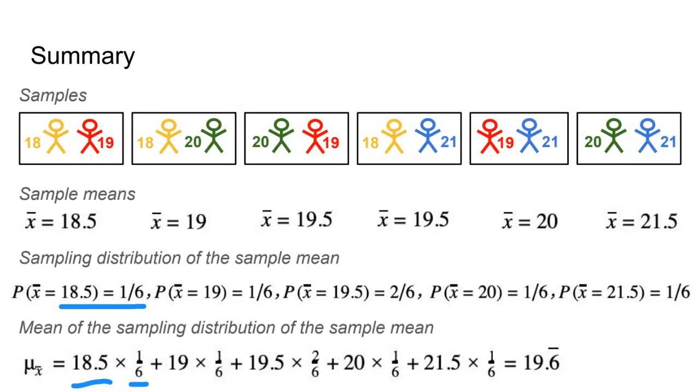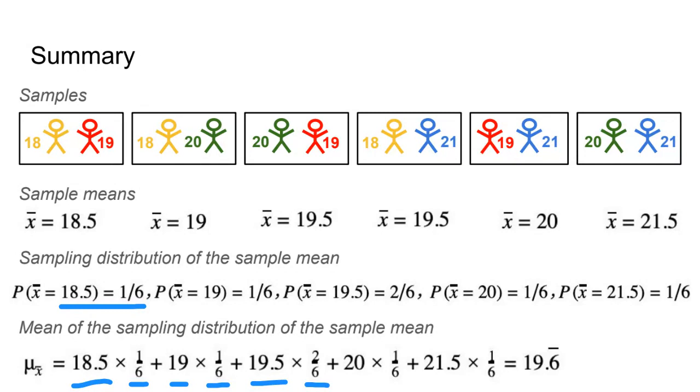And then you add to that the same for all the other possible outcomes. So the outcome that the sample mean is 19 multiplied by the probability to get the sample mean of 19, plus the sample mean of 19.5 multiplied by the probability to get the sample mean of 19.5, and so on.